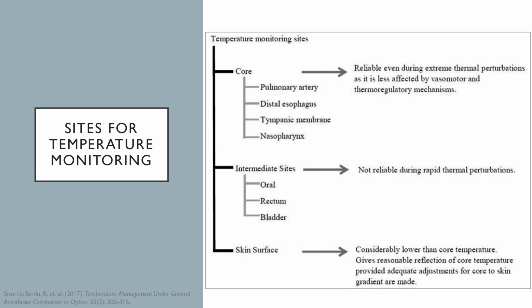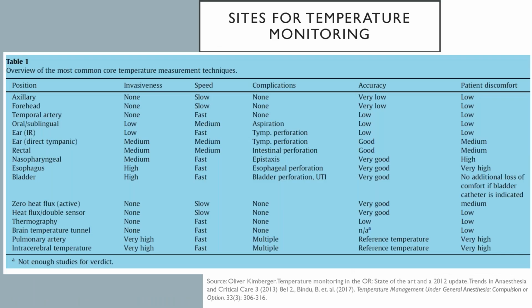Something more basic. So many people want to just put it on the skin surface or put it in the axilla. The problem is those are not reliable in terms of actually giving you anything about the core temperature, which is what you really care about. That's what's important, okay?